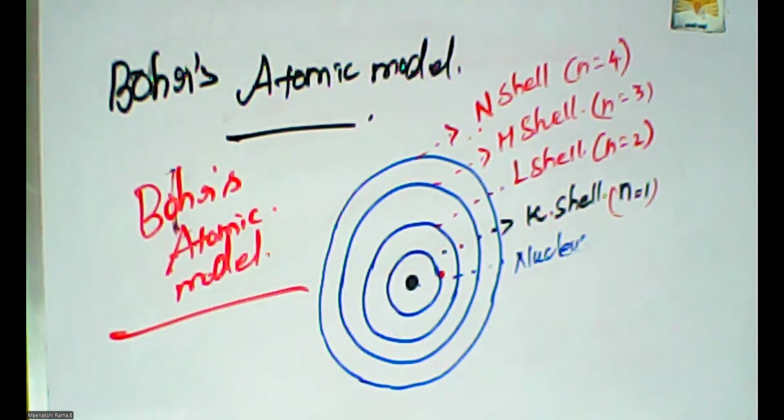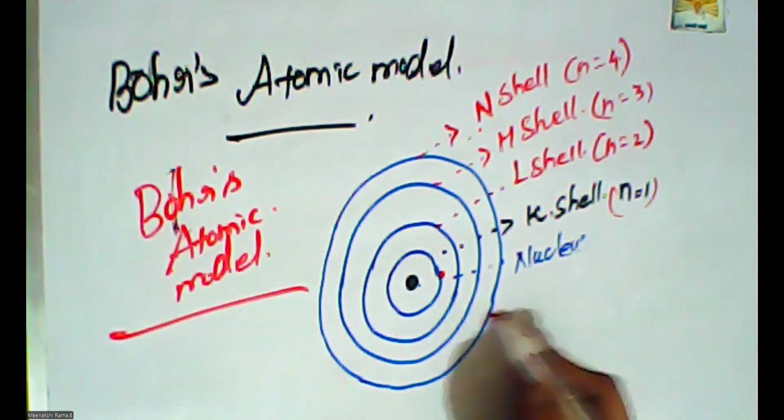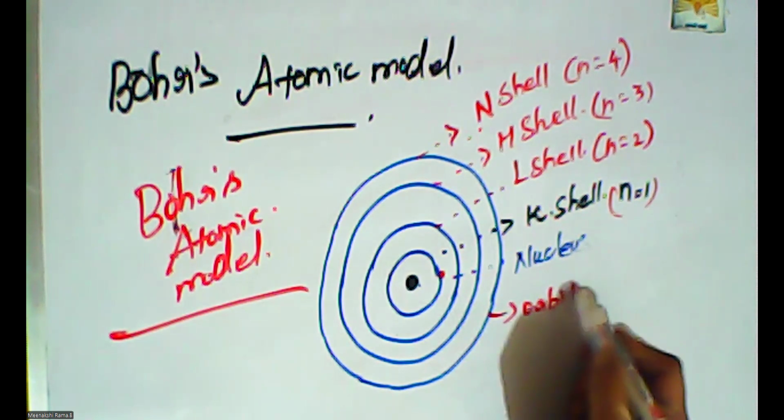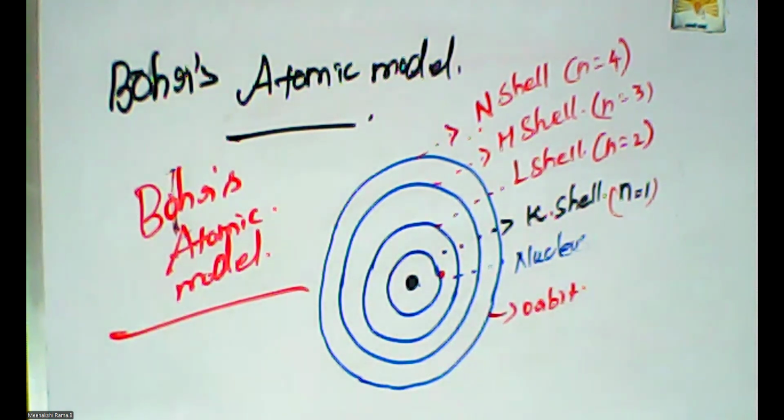The stationary path is called an orbit. So the round path is called an orbit, and the electron revolves around the nucleus in an orbit. The electron neither loses nor gains energy. And the electron can move to a higher or lower energy shell when absorbing or releasing a fixed amount of energy.